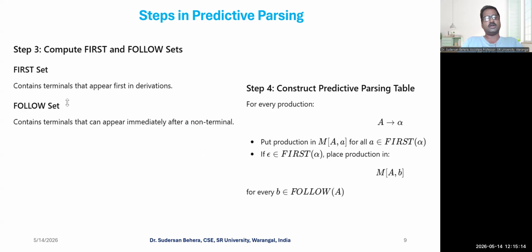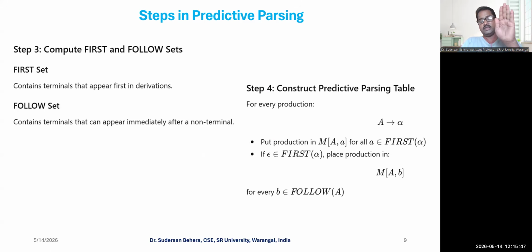What is first? First contains a terminal that appears in the first position of a sentential form, or that appears first in the derivation. Similarly, follow of a non-terminal is a terminal symbol, and it must be a terminal. Follow contains terminals that appear immediately after a non-terminal.